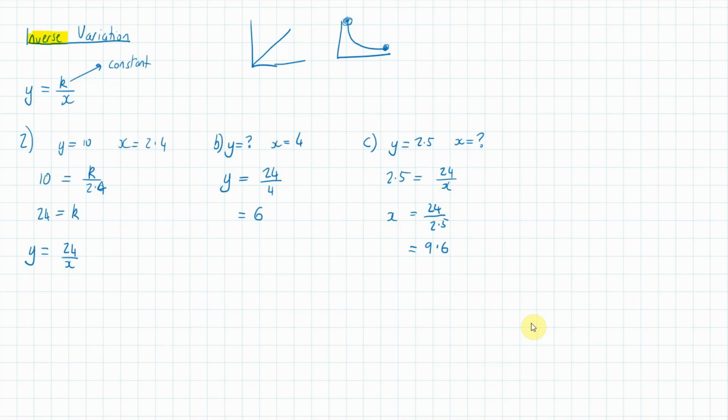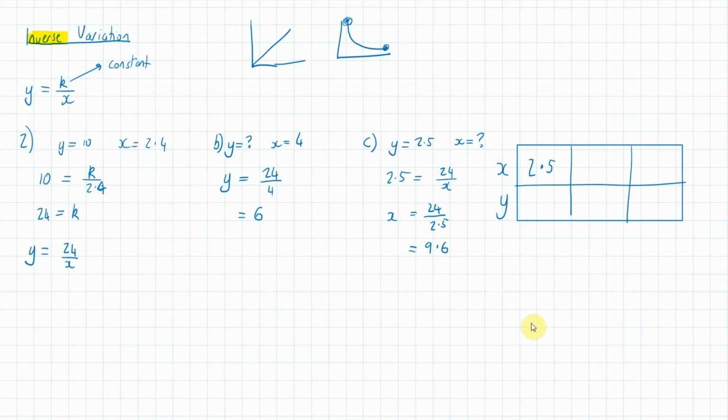Here are our x values and our y values, and we know that we've got 2.5, 4, 25, and 20. So how do we find the missing values here?